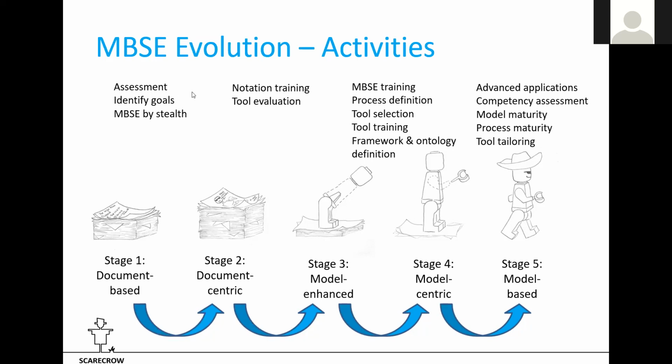This is about carrying out your assessment, identifying your goals, often MBSE by stealth. If there is somebody in your organization that is an evangelist for MBSE, sometimes you can start to use them to roll MBSE out without telling people that you're doing it. But typically, if you're at stage 1, you absolutely need to know what it is that you want to do and what your goals are for business change.